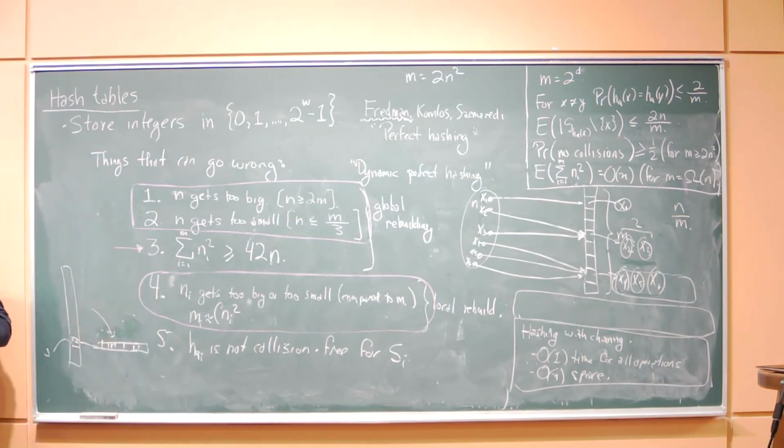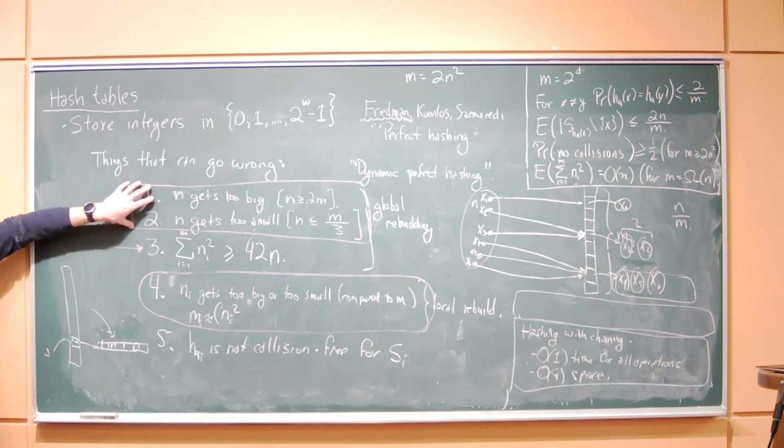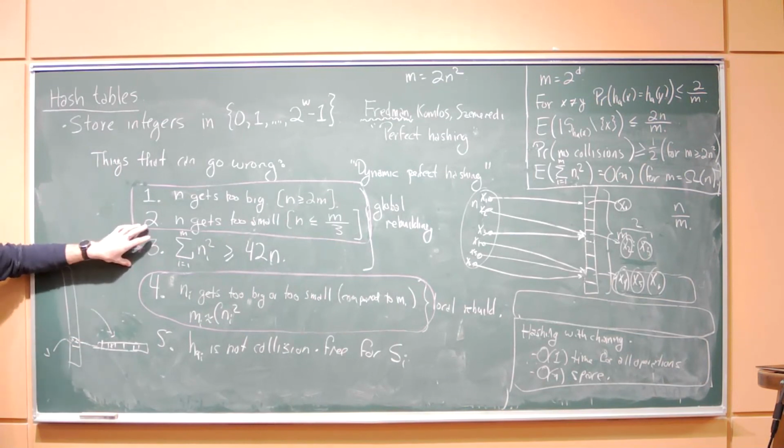So you imagine breaking time up into periods of time. Every once in a while, you have to do a global rebuilding because, let's say, n gets too big or too small. But between two of those global rebuildings, the value of n is in the right range.